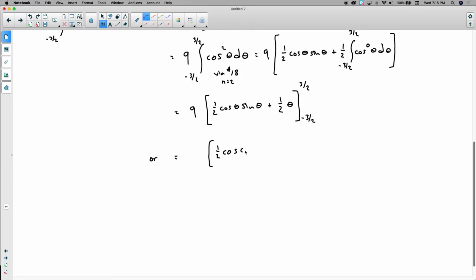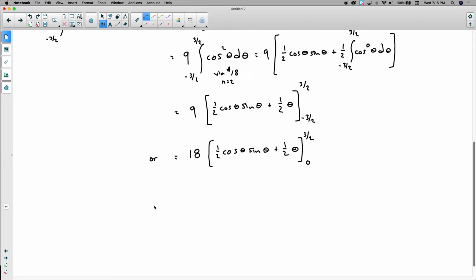So if I do decide to do that, I would change the 9 to 18, right? Because I'm using half of the area on top, so I'm going to go ahead and double that one.